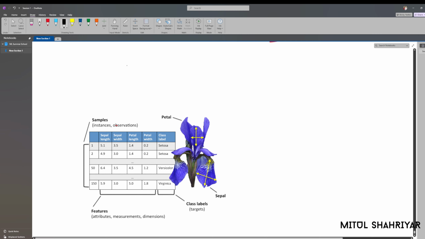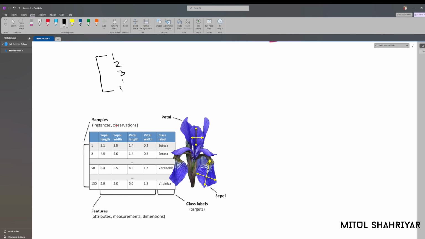Here we have 1 to 150, so we can create a matrix, which is rows 1 to 150, and there are the features, and there is some sort of label, which is setosa, versicolor, and virginica.